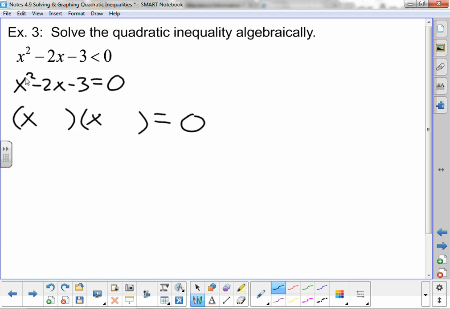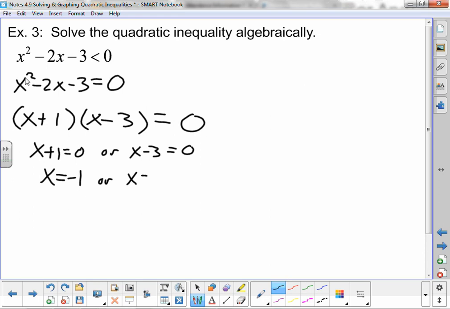x and x, 1 plus, 1 minus, factors of a negative 3, so 3 and a 1, and that's it. Okay, so x plus 1 equals 0, or x minus 3 equals 0. Therefore, x is equal to negative 1, or x is equal to positive 3. Now, you're not done.